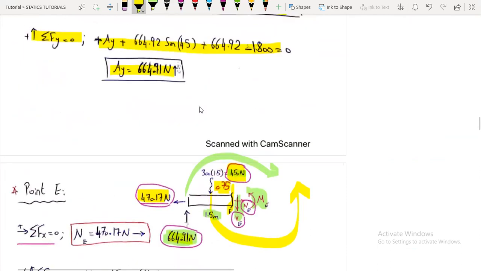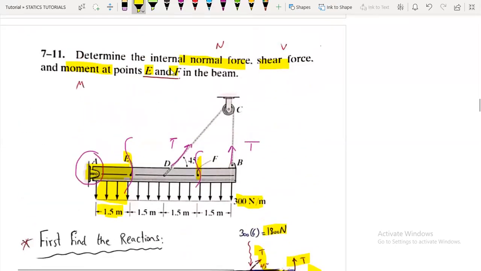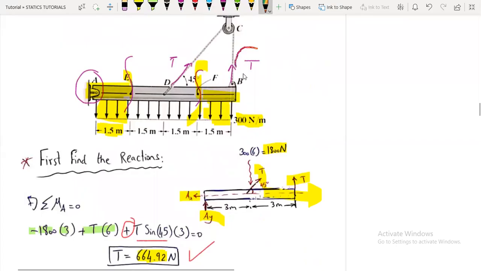Now we are done with the internal forces at point E. We should now move on to point F to find the internal loadings. So we will make a cut. It's obvious it will be easier to take the right side. So we have the tension force here, the resultant, okay, just the resultant and the tension force.